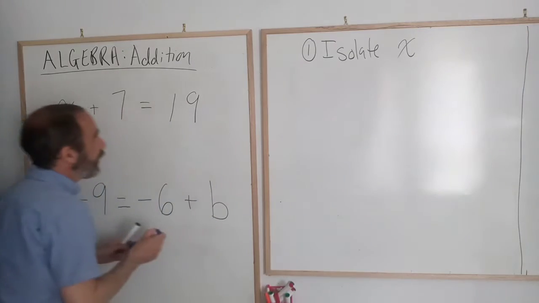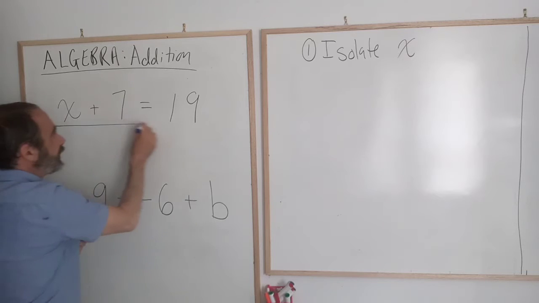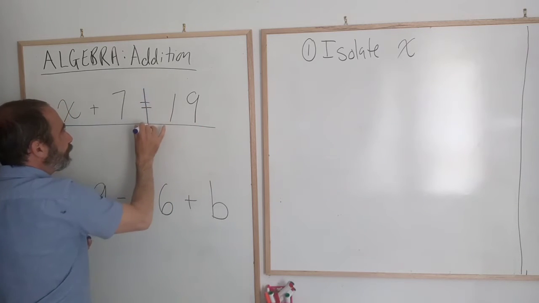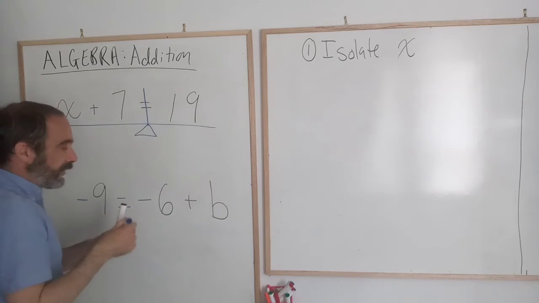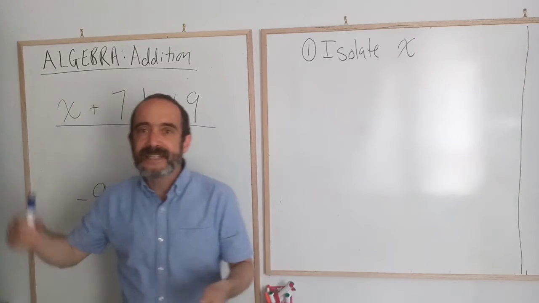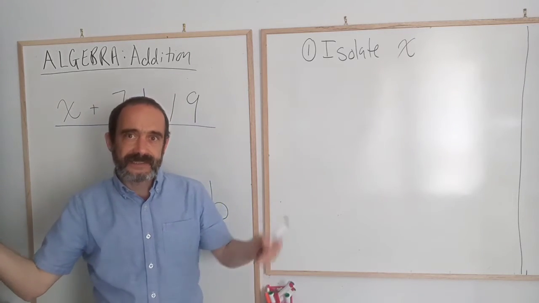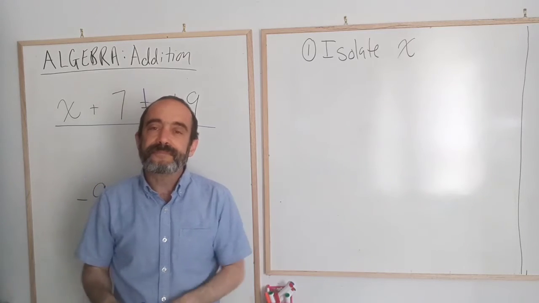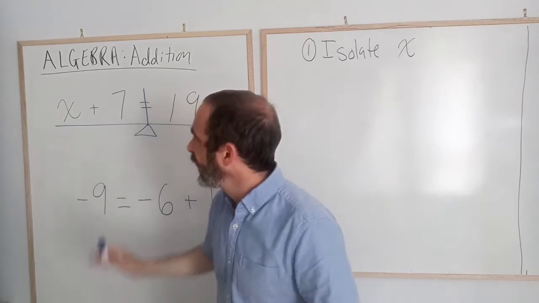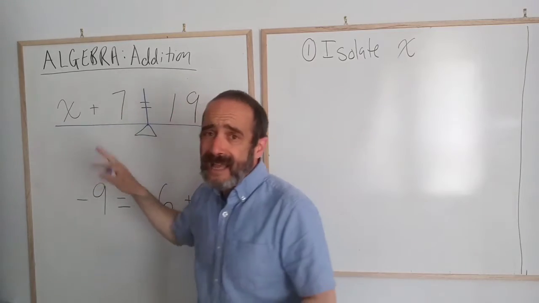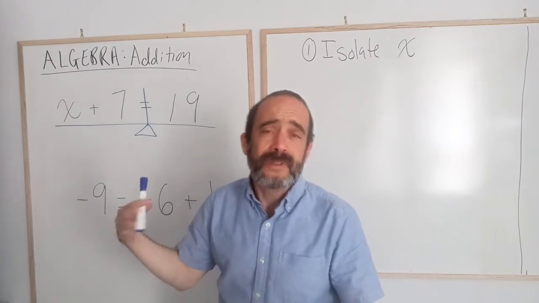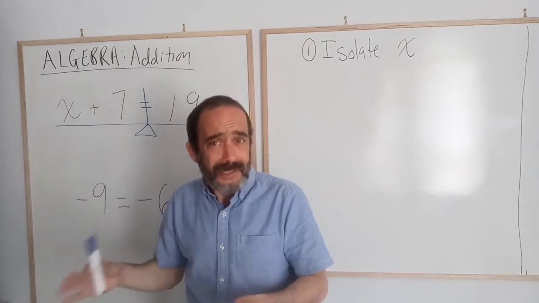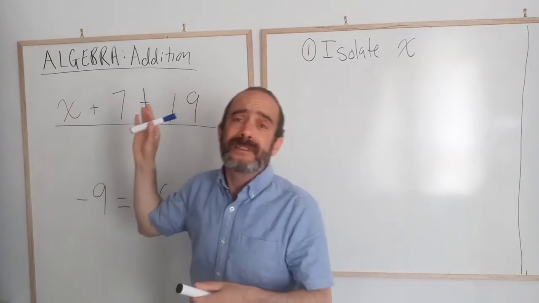So I always like to think of these equations as a balance scale, right? And what that's telling me is that the right-hand side is equal to the left-hand side. I think I did that backwards, but you get the idea. So really what that's saying is that X plus 7 is equal to 19. Basically, we're just saying 19 equals 19.